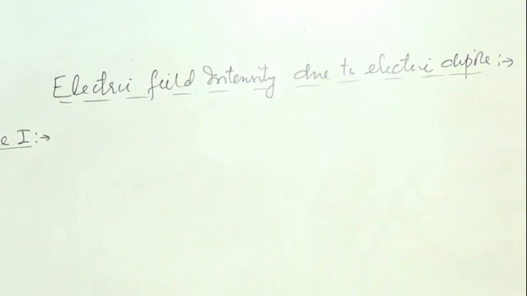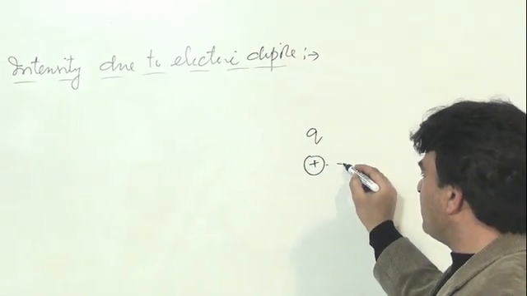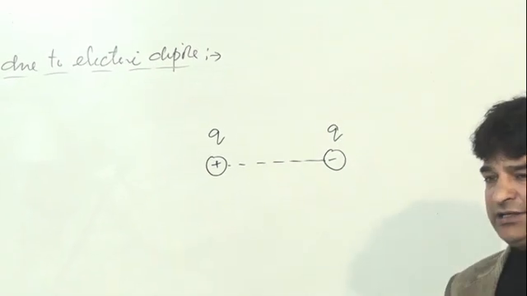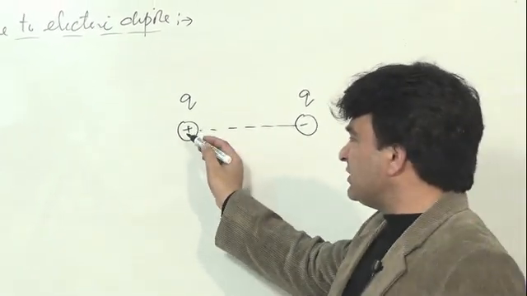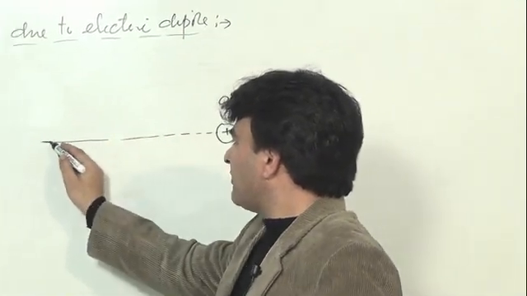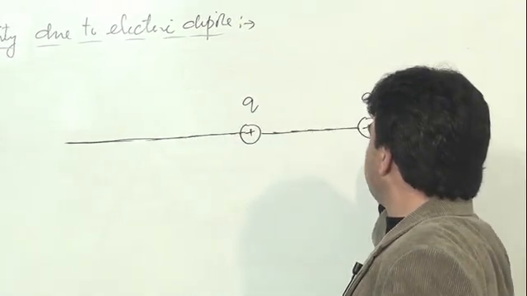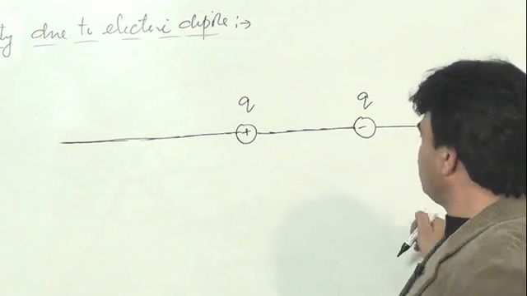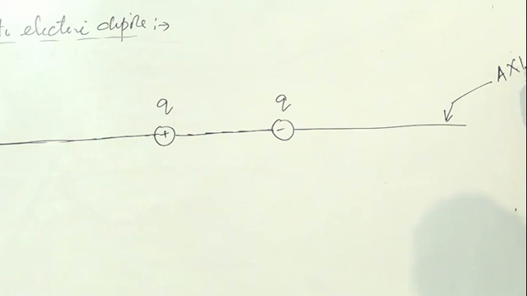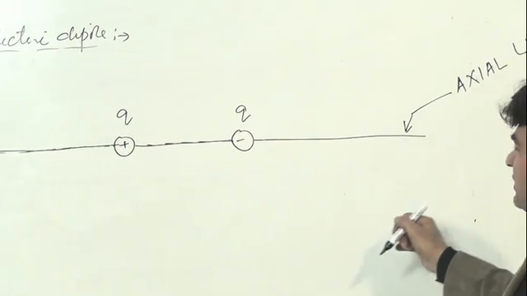Now, what is the axial line of the electric dipole? Axial line of electric dipole is the line joining the centers of the two charges. That means if I draw a line which passes through the centers of the two charges and produce it on both sides, then this line is called the axial line of electric dipole.